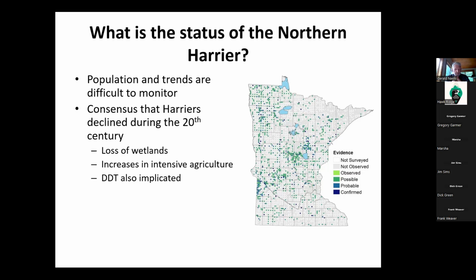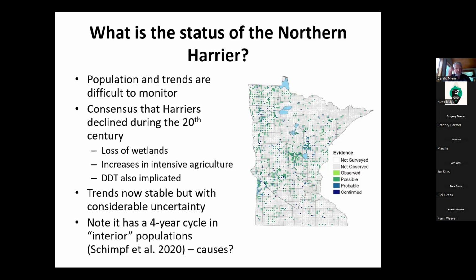It does occur in large fields, and as they're intensively cultivated, they have declined in use. And DDT is also implicated in some of the declines. Trends now seem to be stable, but with considerable uncertainty.